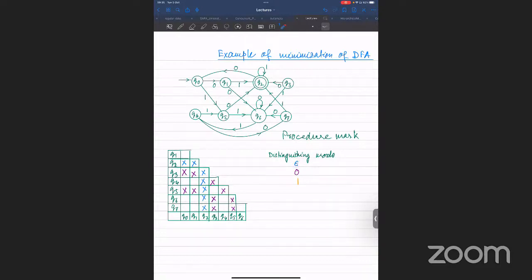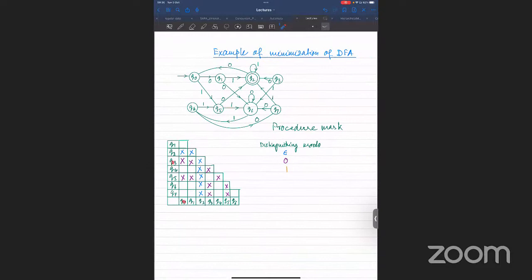And then if you consider the string 0, states Q3 and Q0 can be distinguished and so on. Because from Q0 on 0, you could go to Q1. From Q3 on 0, you could go to Q2. And Q2 and Q1 were already marked because they are distinguished by epsilon. So this is what the marking procedure was doing.